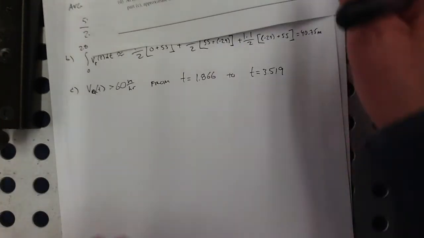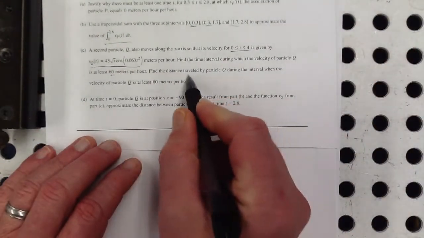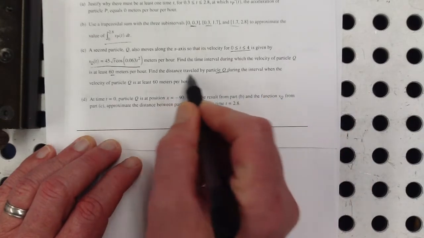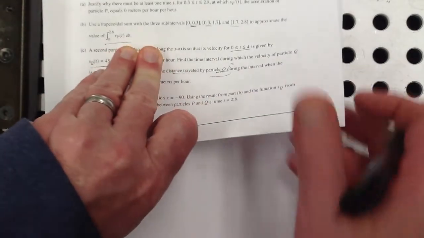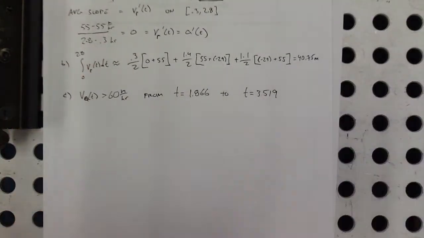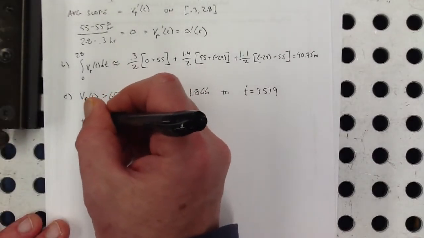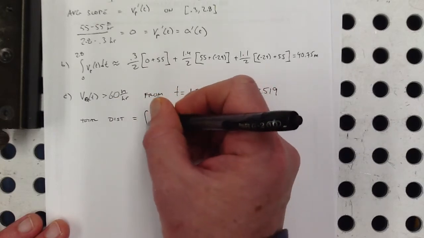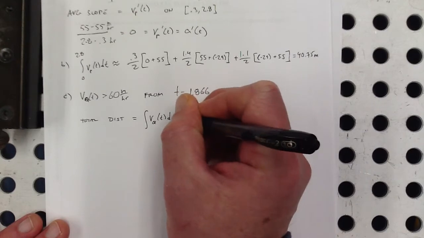And then, find the distance traveled by the particle Q during the time interval when the velocity... Okay, so I want the distance traveled by Q on that time interval. If you want total distance traveled, total distance is equal to the area under the velocity function.